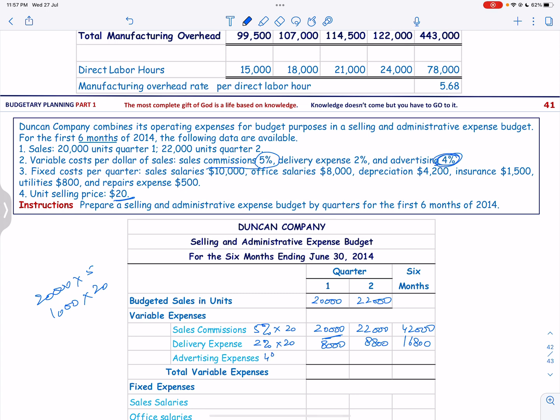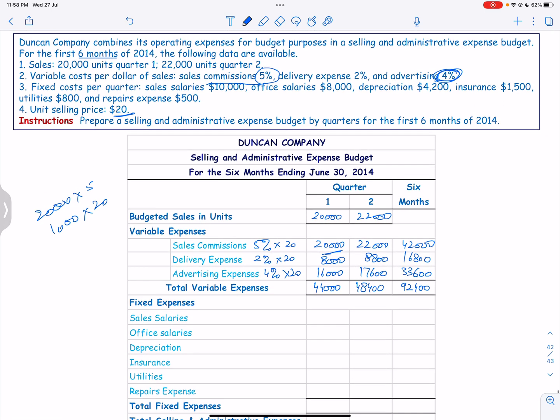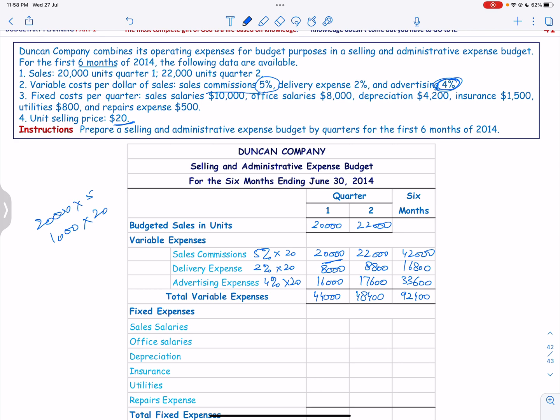So 20,000 times 4% times 20, that is 16,000 and 17,600, and the total will be 33,600. So the total variable cost will be 44,000, 48,400, and 92,400.